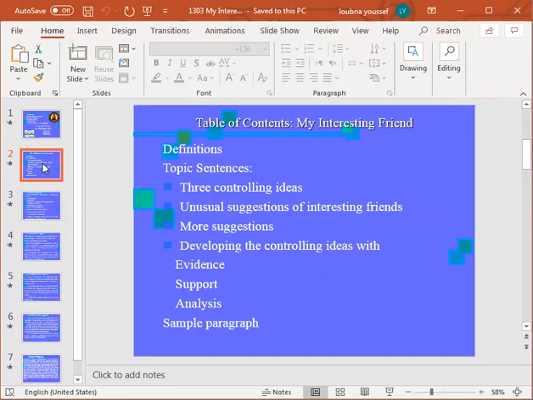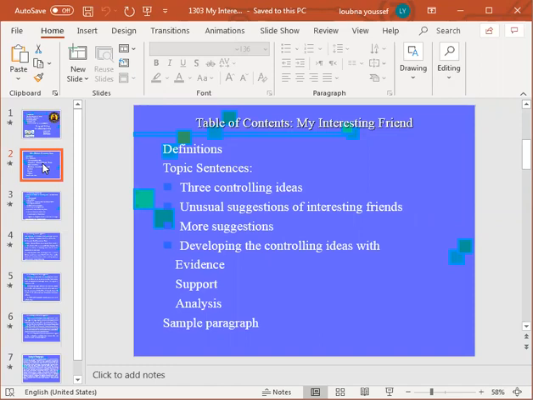On the table of contents, you can see that we need definitions, we need to discuss topic sentences, and as you know, a topic sentence has to have 3 controlling ideas that you are going to deal with in the paragraph.